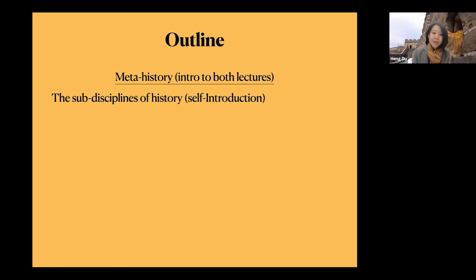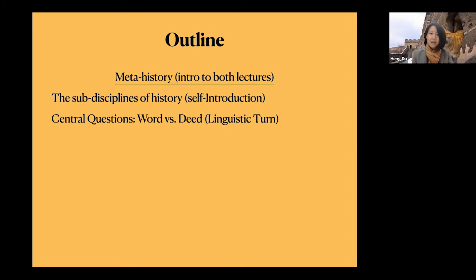I'll start by briefly thinking about all the sub-disciplines of history, at least in the Anglo-American context, and that serves as a way of me introducing myself disciplinarily. Then we'll quickly touch upon what I think of as the central question that ties together the two lectures, namely word versus deed.